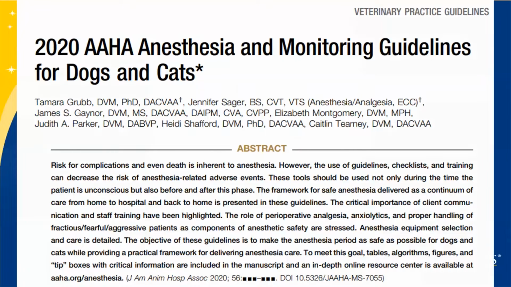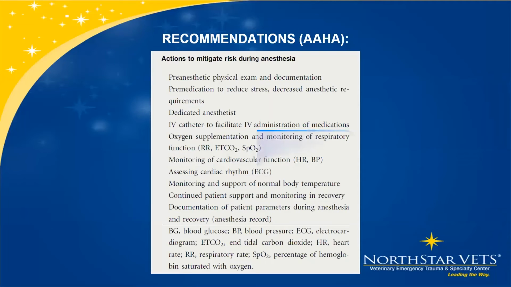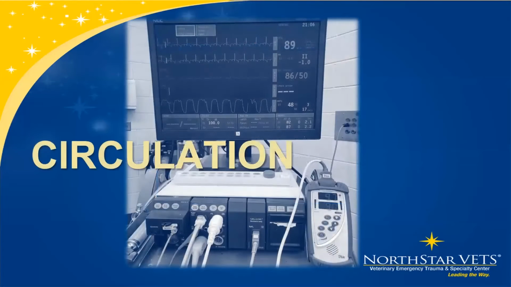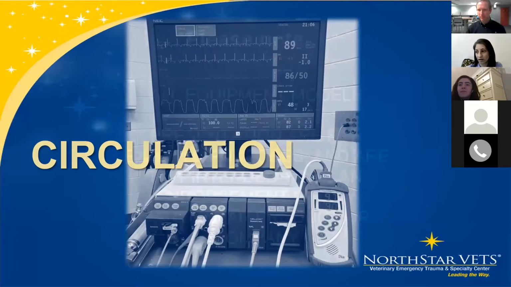They're fairly similar in that we do want to monitor patients' respiratory function, cardiovascular function, cardiac rhythm, normal body temperature, as well as continue all of that monitoring also into the recovery period, which can be one of the highest risk periods during an anesthetic patient's experience. Recovery is still quite important. So let's start with the ways that we monitor circulation.